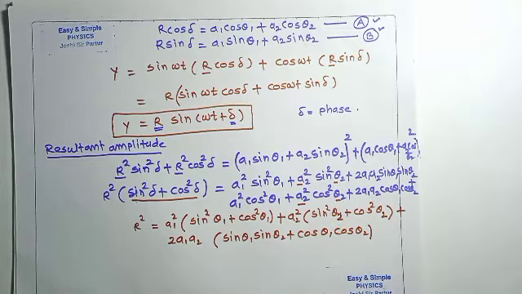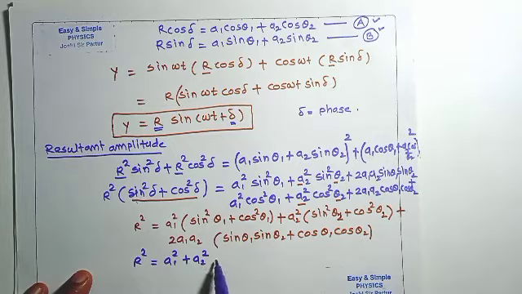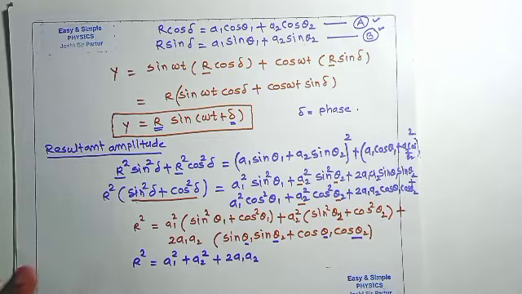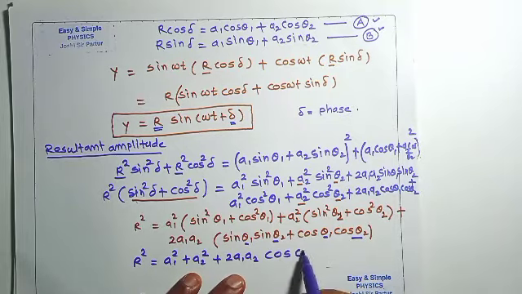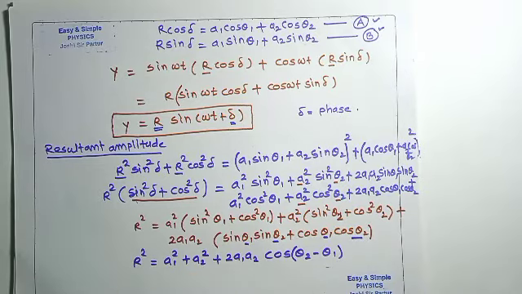Here, the bracket term using trigonometry will be 1. So r square is a1 square plus a2 square plus 2 times a1 a2. Here the two angles theta 1 and theta 2 are there, using cos of theta 2 minus theta 1, that is sin of theta 1 sin of theta 2 plus cos of theta 1 cos of theta 2.